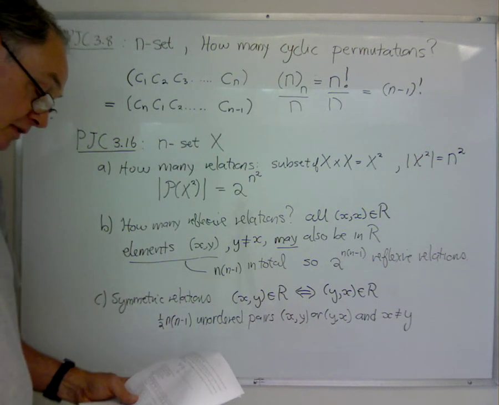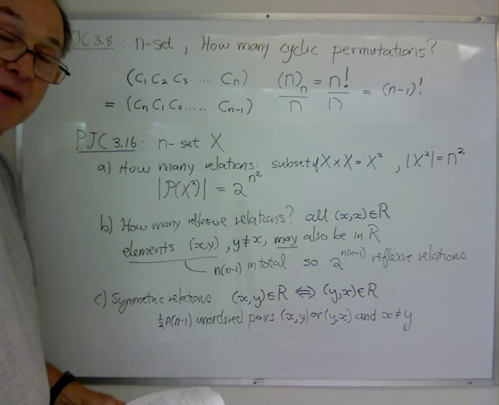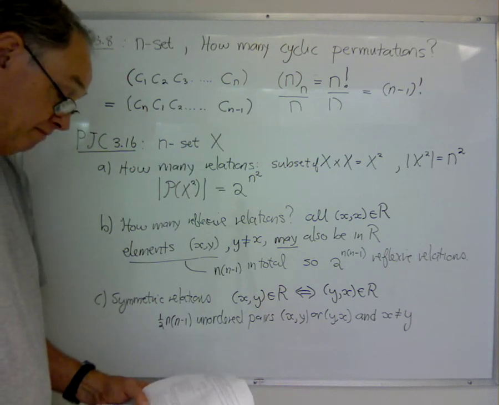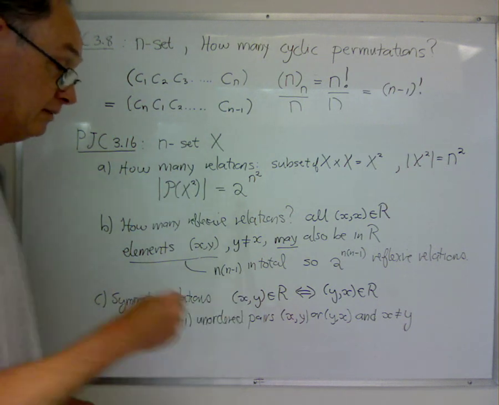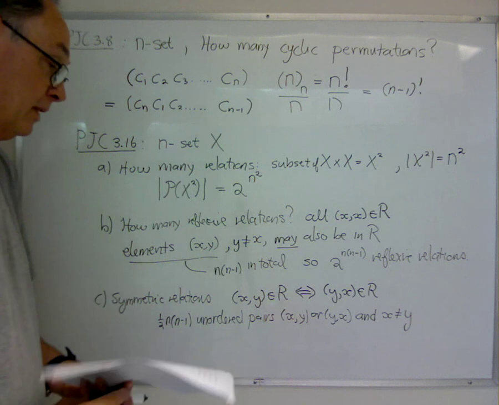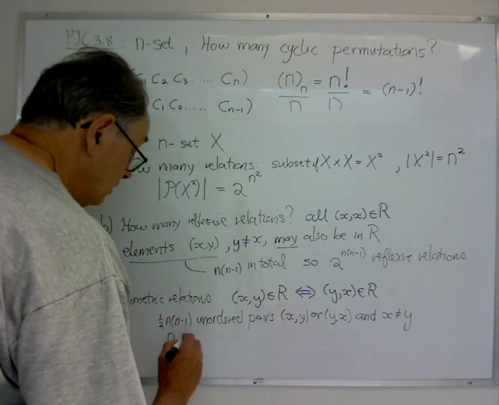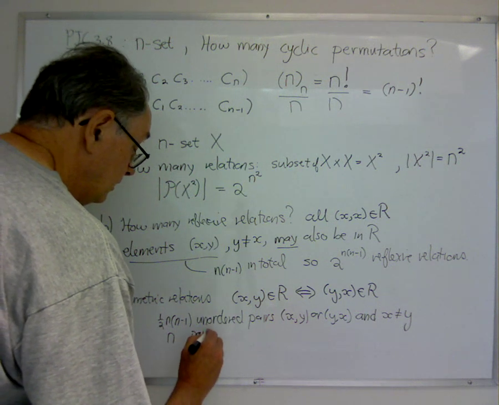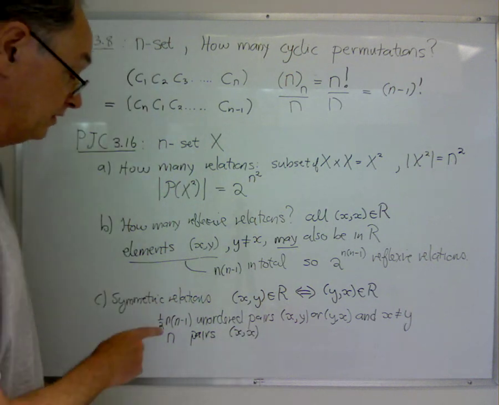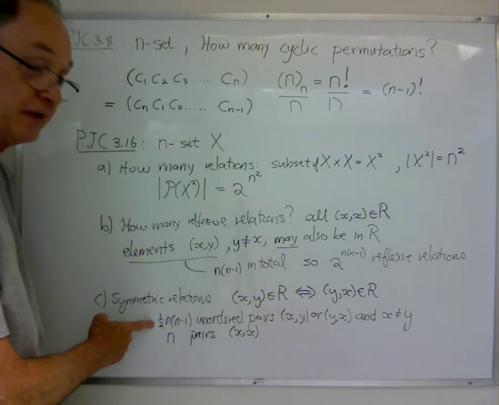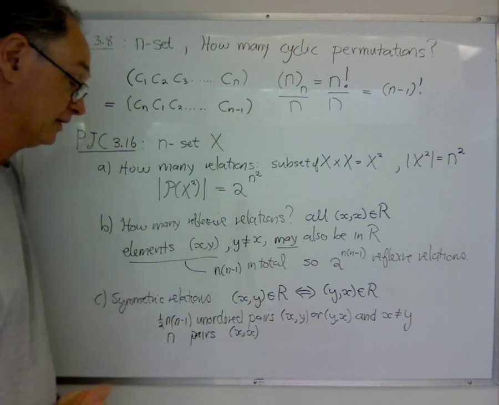Now the next thing you have to notice is that you also have the n pairs xx when x is equal to y, and so there are n such pairs. So I have these two situations, this number of unordered pairs xy and n pairs which are the reflexive part xx.